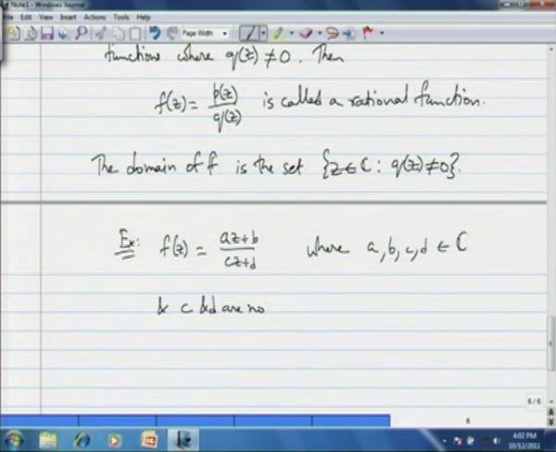So, simple examples can be as follows: f of z equals (a z plus b) by (c z plus d), where a, b, c, d are complex numbers. Okay. And c and d are not both zeros.